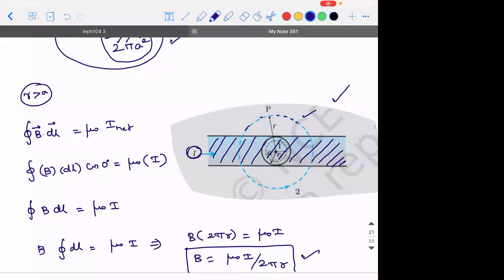Yeah. And for the second case, R is the outer one. Yeah. Okay, sir. Thank you, sir. Okay. So assuming there is no more doubt, we'll get started.